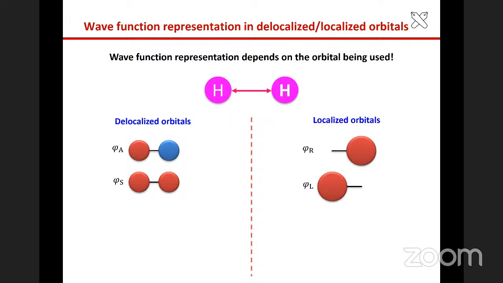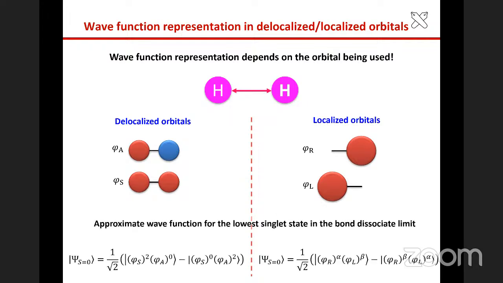So in this case, the approximate wave function for the lowest singlet state in the bond dissociation limit becomes something like this. In the delocalized orbital basis, the singlet wave function is a linear combination of the doubly occupied and doubly unoccupied configurations. Here I label them phi_s because this is symmetric and this is asymmetric, so it's phi_s and phi_a. And here we have phi_l and phi_r.